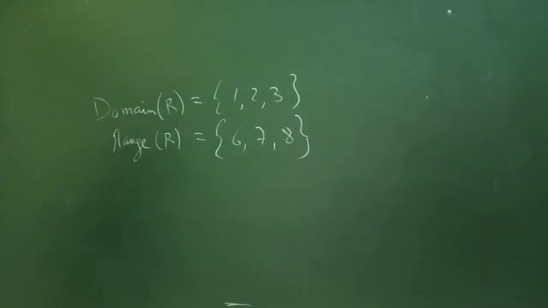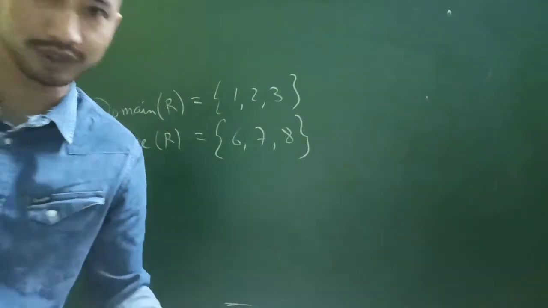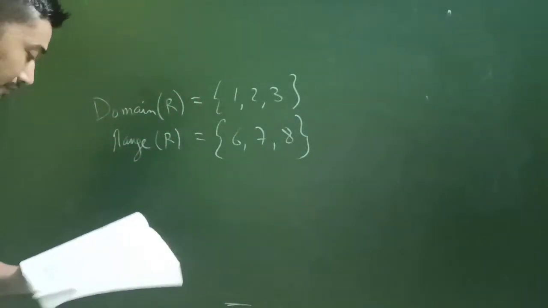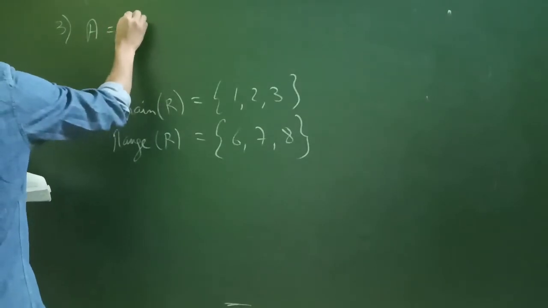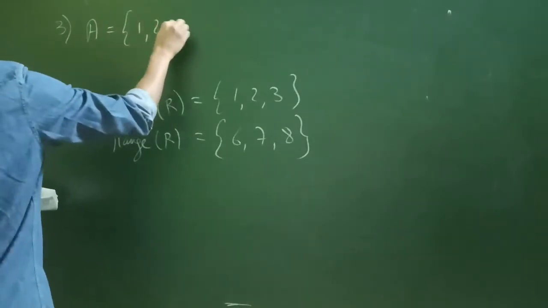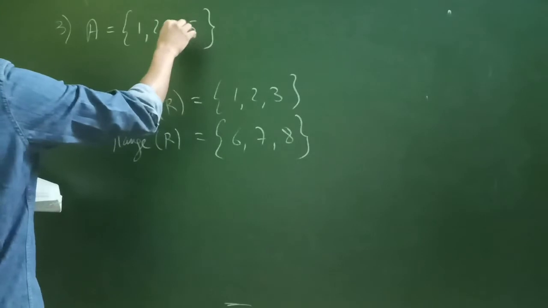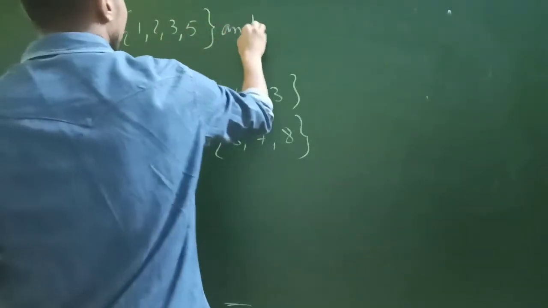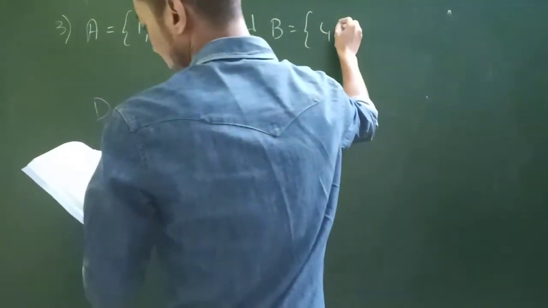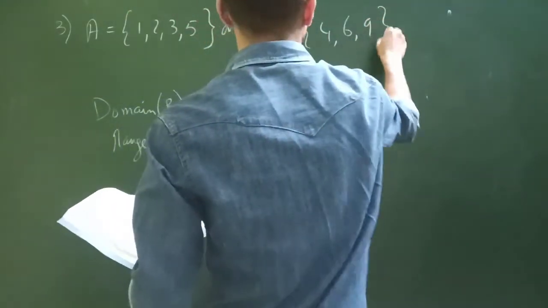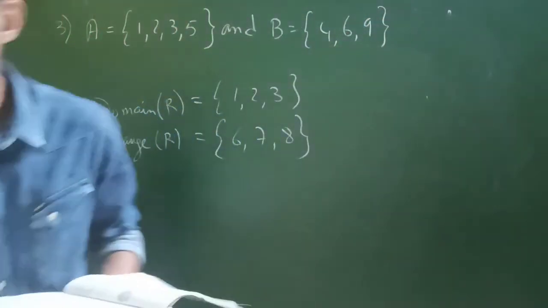Let's move on quickly to the next question. I believe all of you are with me. Okay, number 3. The set A is given: 1, 2, 3, 5. Of course, one advantage with these YouTube videos is that you can pause, go back, have a glass of water, bring your textbooks, pen, paper, and then continue.